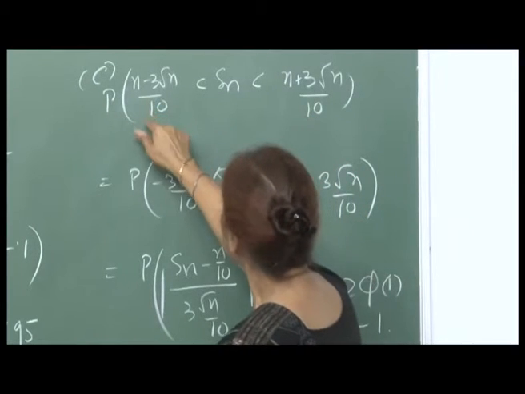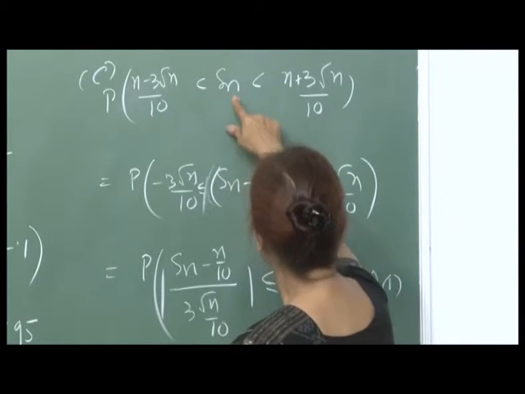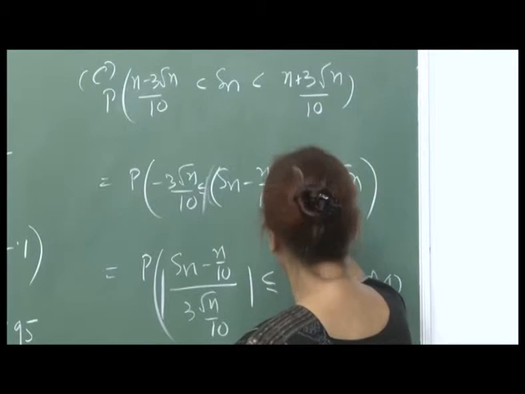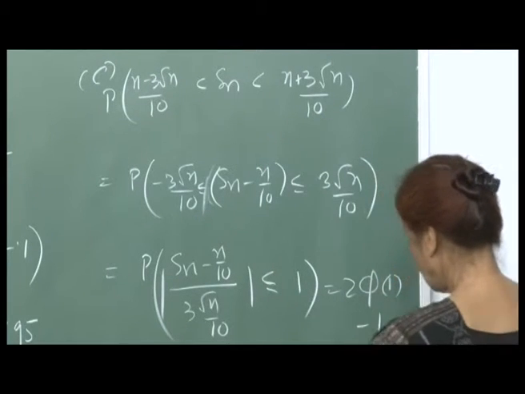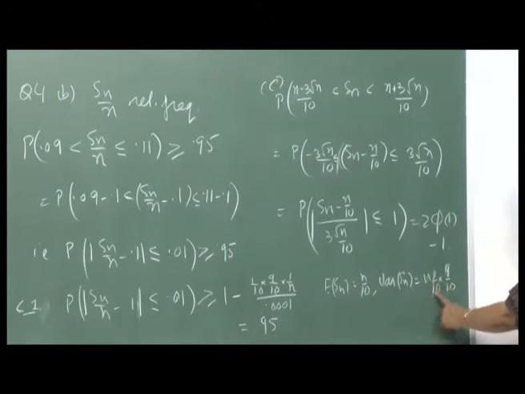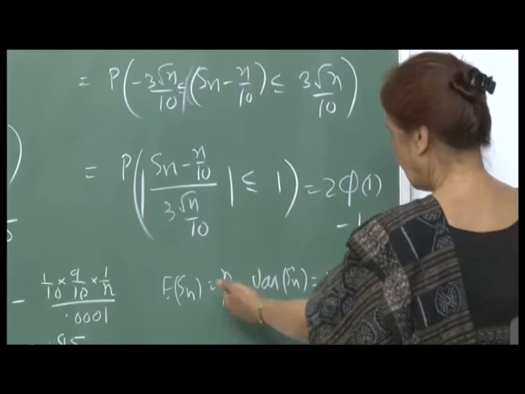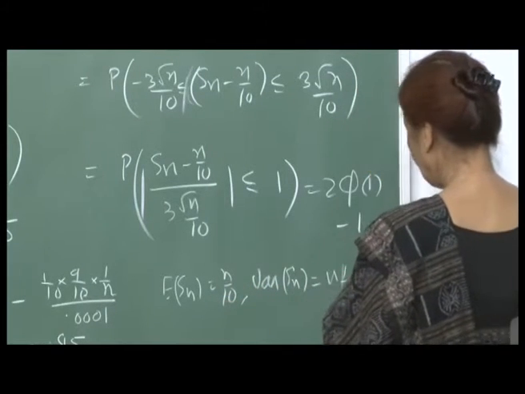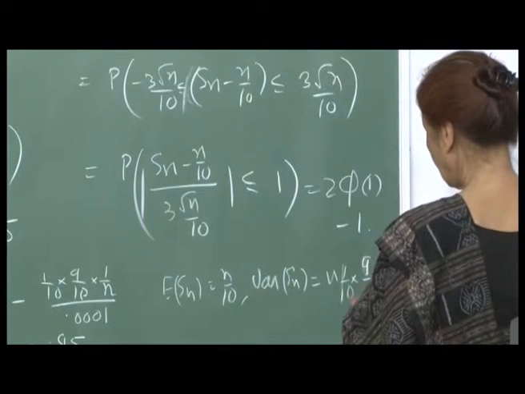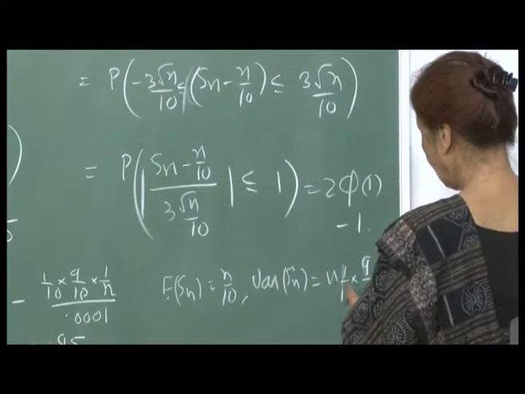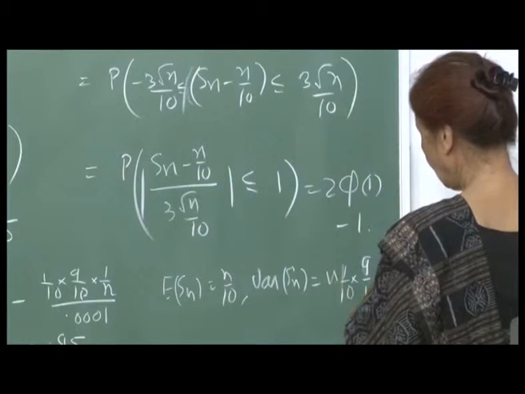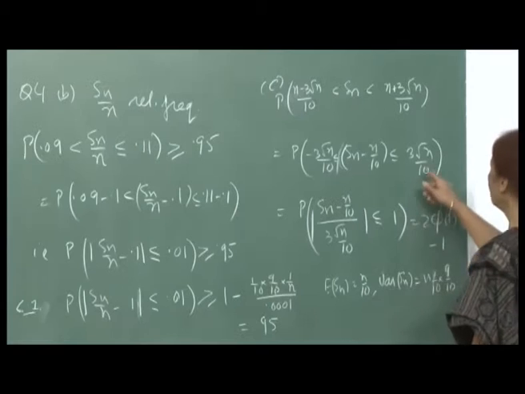So, n by 10 is the mean of Sn. The variance of Sn will be n into 1 by 10 into 9 by 10, because Sn is binomial with mean n by 10 and variance npq. So, under root of this will be 3 root n by 10.